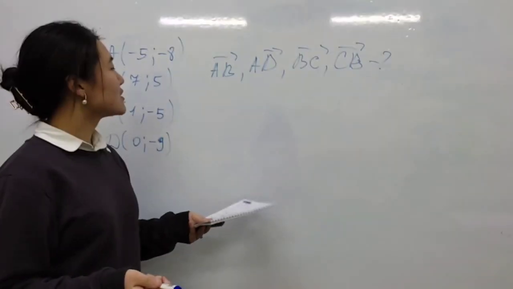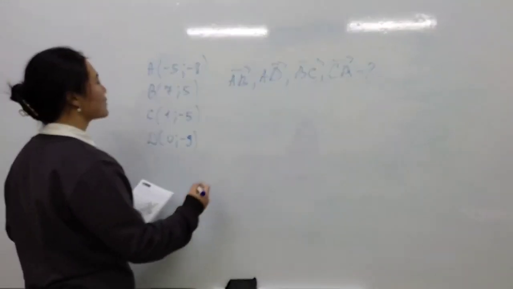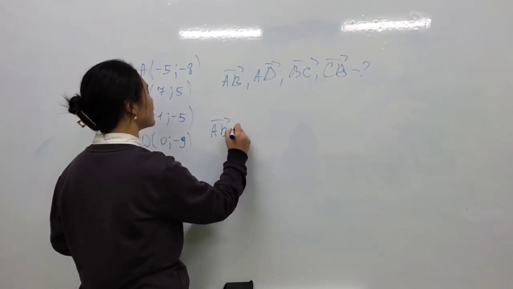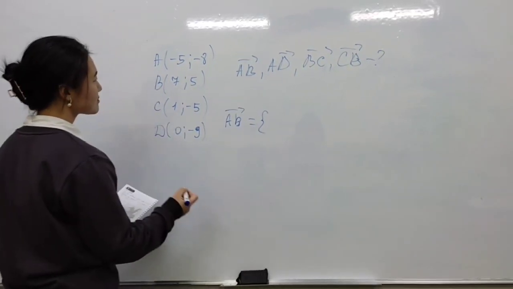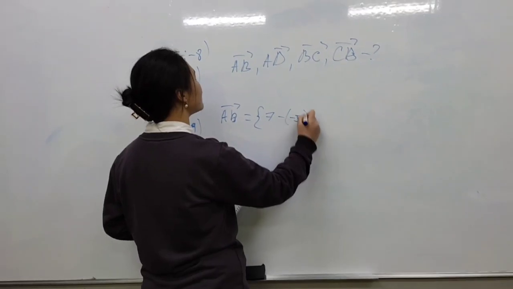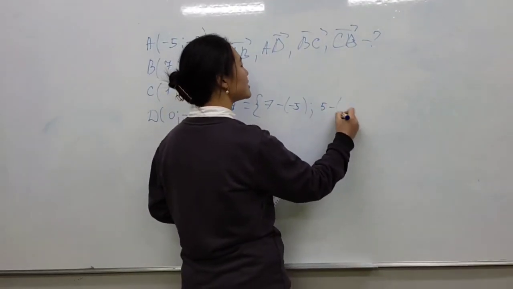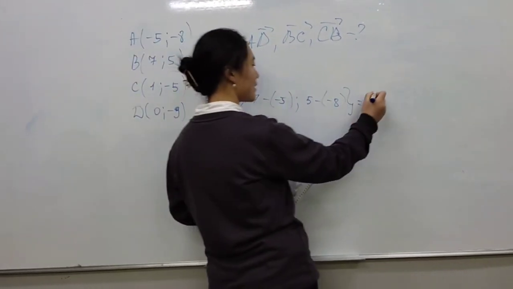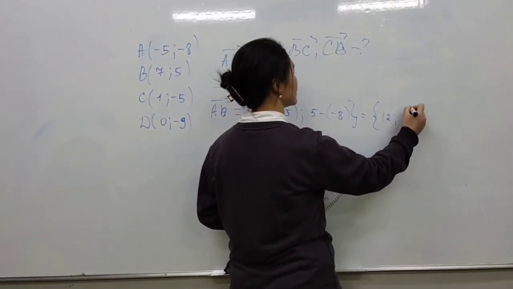The coordinates of the points are given like this, and we can find vector AB, which is (7 minus 5, 5 minus 8), which is equal to (12, 13).